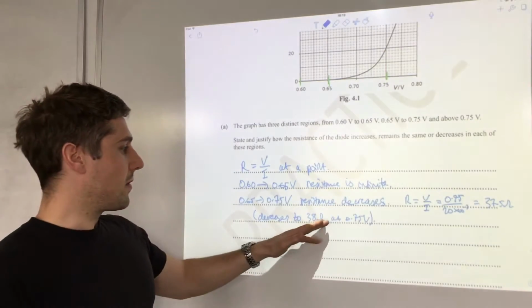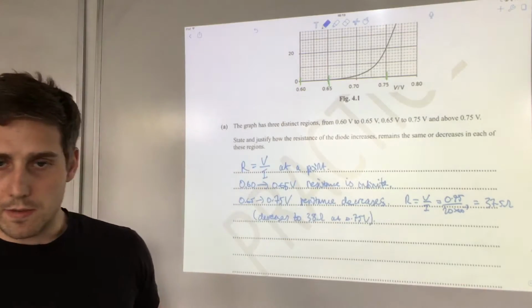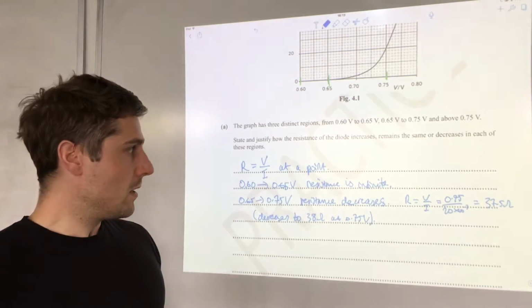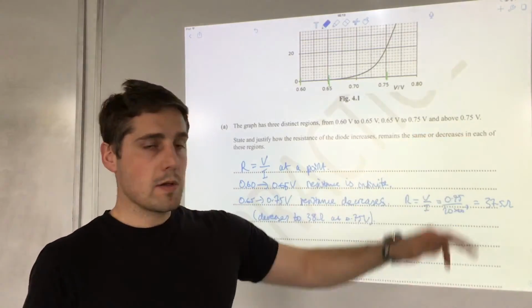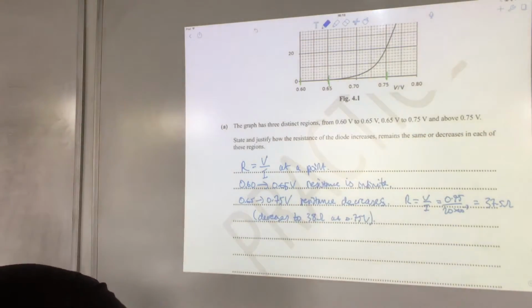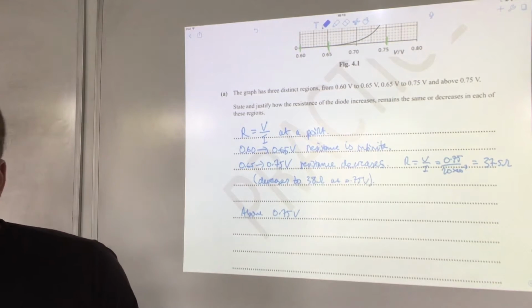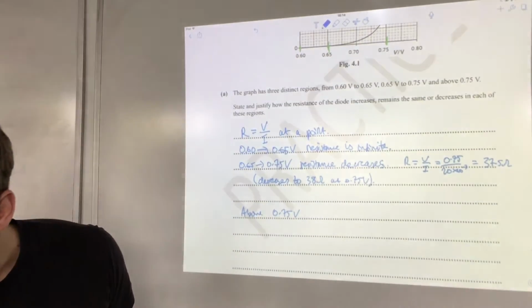We're being nice and thorough and nice and clear here to indicate what the resistance specifically decreases to. Last region is 0.75 volts and above, or above 0.75 volts. What happens there?